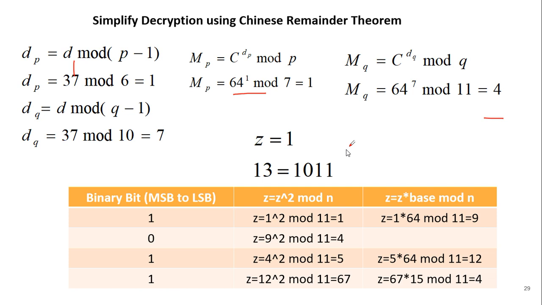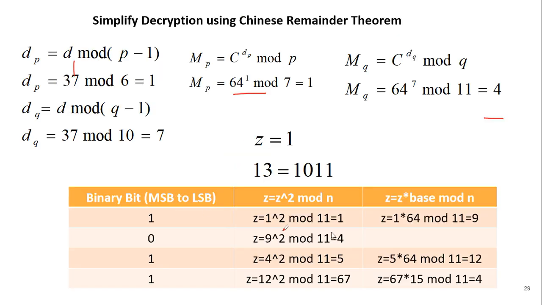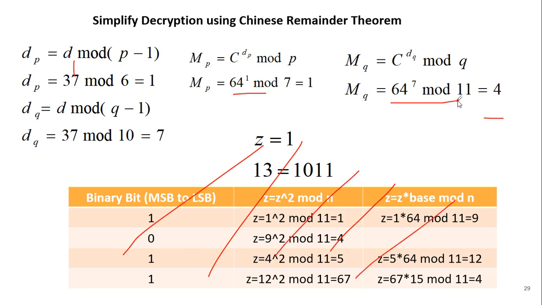Here actually it is 10, this I guess was copied from the previous slide, so don't consider this. But we can easily calculate 64 raised to 7 mod 11 by using the square and multiply algorithm, in which 7 is represented as 1 1 1.